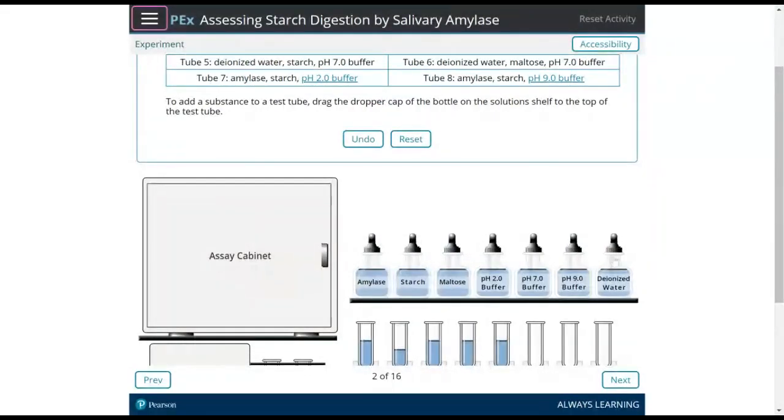Tube 6 gets DI water, maltose, pH 7. And then 7 gets our amylase, starch, and pH 2.